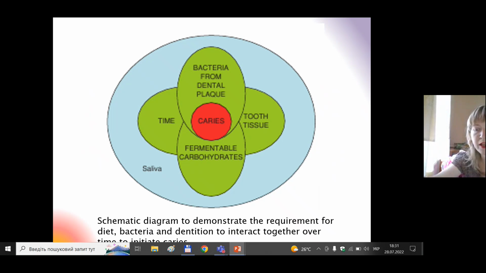If everything is okay, there will be remineralization and prevention of tooth decay. But if buffering capacity, flow rate, or composition of saliva is not in normal condition, there will be tooth decay progression. That's why saliva plays an essential role in caries prevention or progression.